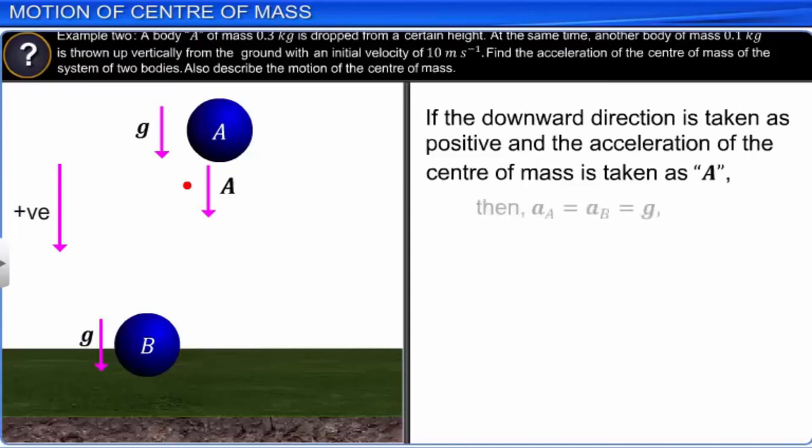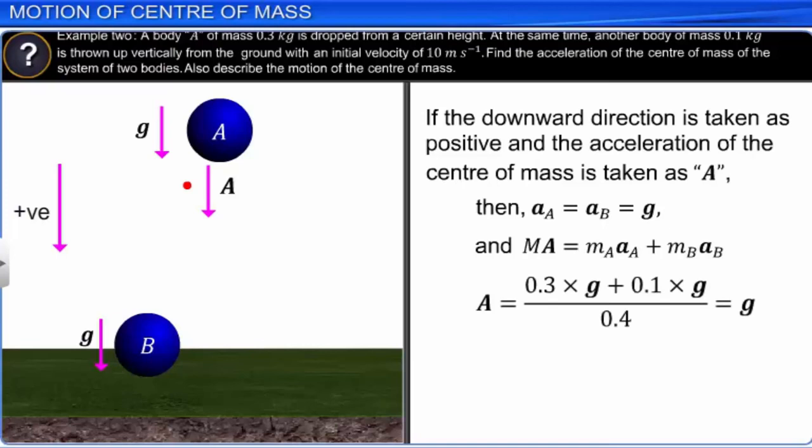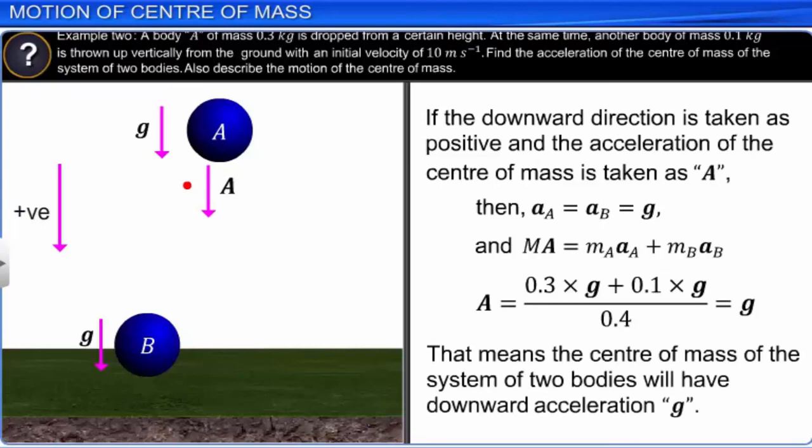And m into a is equal to ma aa plus mb ab. Therefore, a is equal to (0.3 into g plus 0.1 into g) divided by 0.4, which is equal to g. That means the center of mass of the system of two bodies will have downward acceleration g.